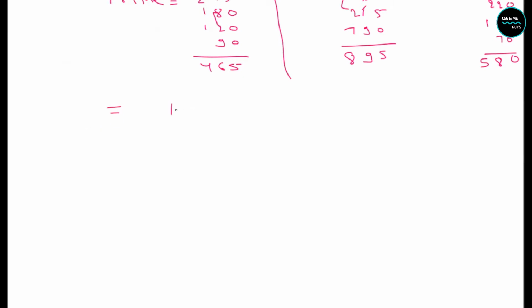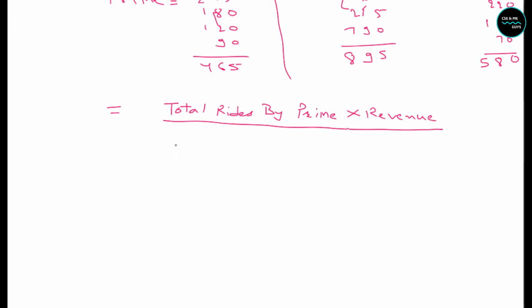It's as simple as total rides by Prime into revenue, divided by total rides by all three into revenue.